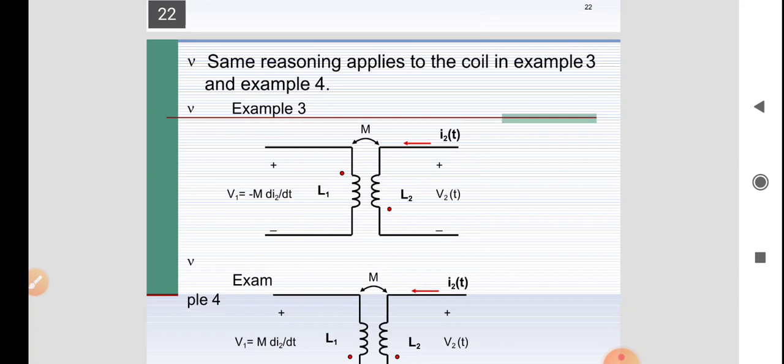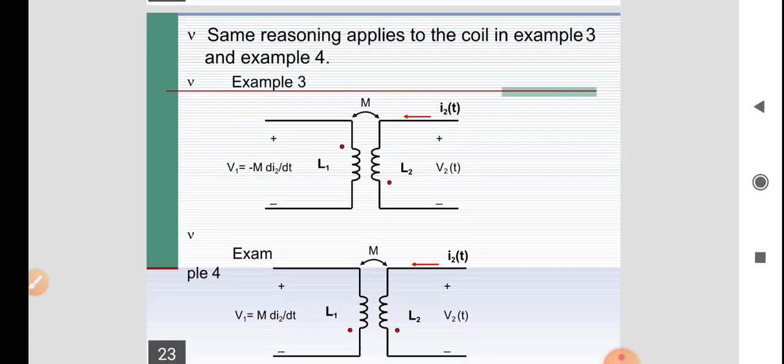Higher potential is positive, lower potential is negative. So the same way I2 is represented, I1 is also entering, but I1 is entering first the dot followed by the coil, and I2 is coil followed by dot, as both are in the opposite direction.